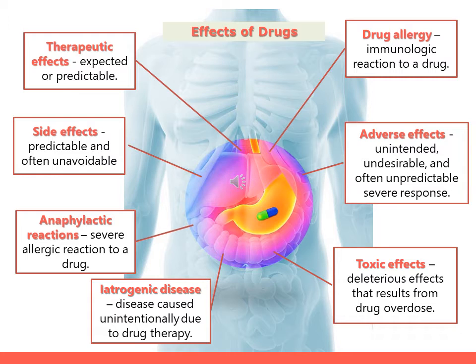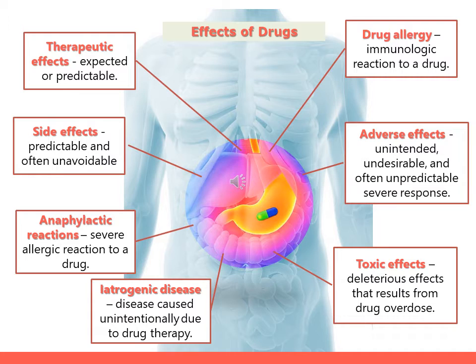When we say therapeutic effect, this is the primary effect intended. This is the reason why we give this medication. For example, if we give pain medication, we are expecting that the pain of the patient would be decreased. Or if we are giving an antihypertensive drug, we know that the therapeutic effect of this drug is to lower blood pressure.